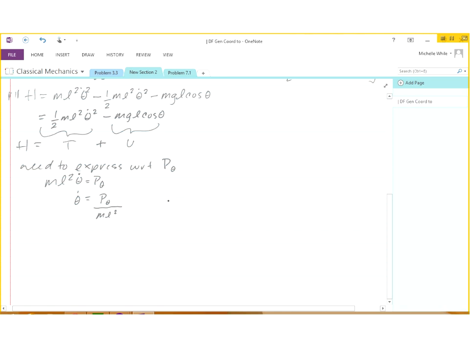I'm going to square everything. And are there questions here? Okay. Now I'm going to substitute this into our Hamiltonian. I'm too close to the edge there, sorry.